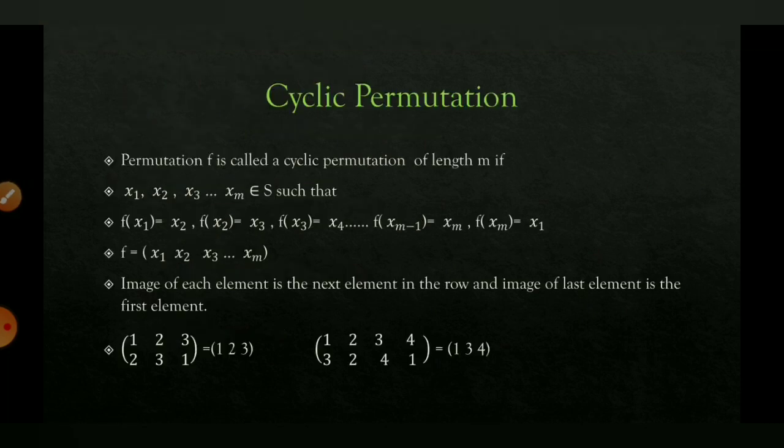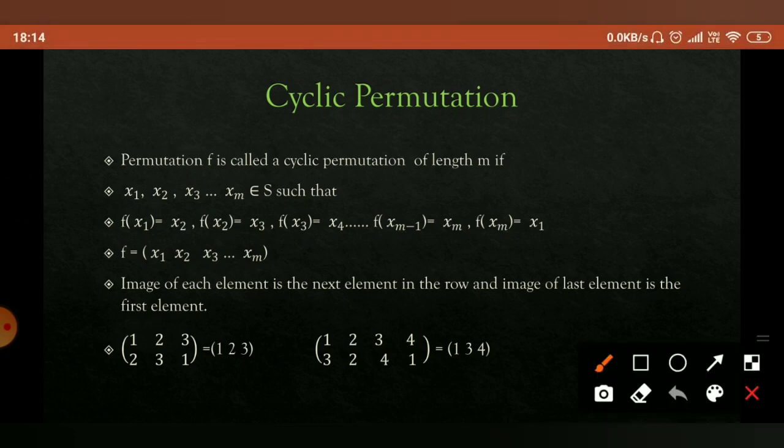Now the next topic is cyclic permutation. Cyclic permutation is another way of writing a permutation. So what is this way? In this way we write all the elements. Let the elements be x1, x2, up to xm. These are the elements of the set S. They are written in such an order that the image of x1 is x2, the image of x2 is x3.